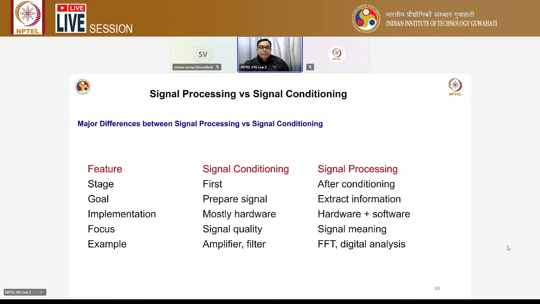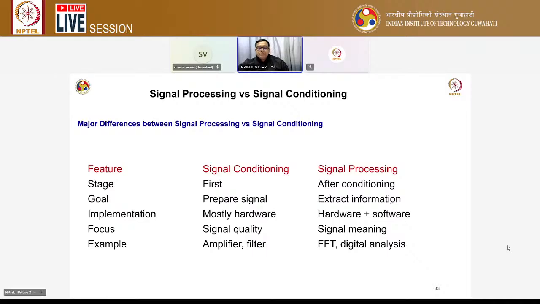So the major difference between processing and conditioning of the signal is that signal conditioning happens at the first stage, while signal processing takes place after the signal conditioning stage. The goal of signal conditioning is to prepare the signal for the next stage, while signal processing is mostly dealing with the extraction of information.